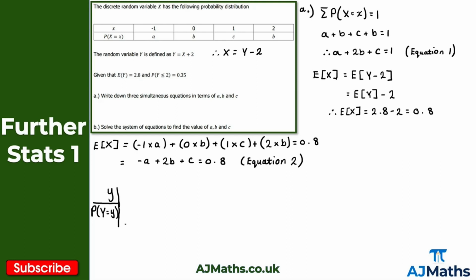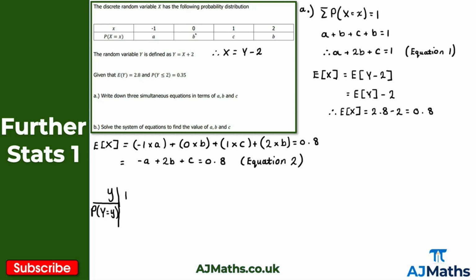Now for the inputs of our random variable y, we obtain those using the definition of y. So y is equal to x plus 2. x takes the values minus 1, 0, 1, and 2. So for example, my first input for y would be minus 1 plus 2, which gives us positive 1. So my first input for y is 1. My next input would come from when x is 0.